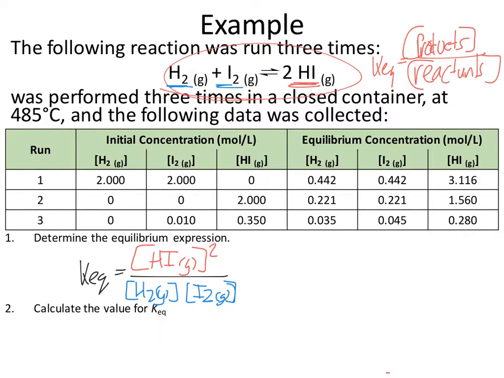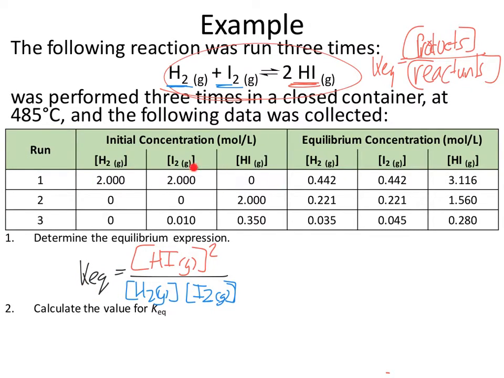Now let's calculate the value for KEQ. So how do we calculate the value for KEQ? We simply take these and we put them in. Okay? Now these are our initial concentrations over here. This value is looking at K equilibrium. It's looking for the ratio of products to reactants, not at the initial concentration, but actually at equilibrium.